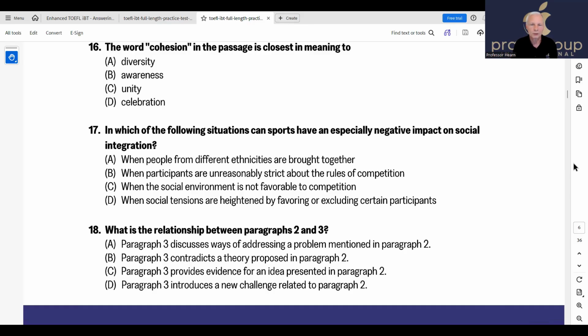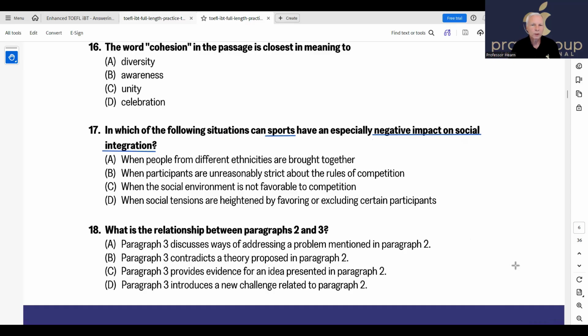But let's break it down. What's the question asking about? Following situations. What about it? Can sports have an especially negative impact on social integration? So what's it really about? Sports. And what about them? Them having a negative impact on social integration.